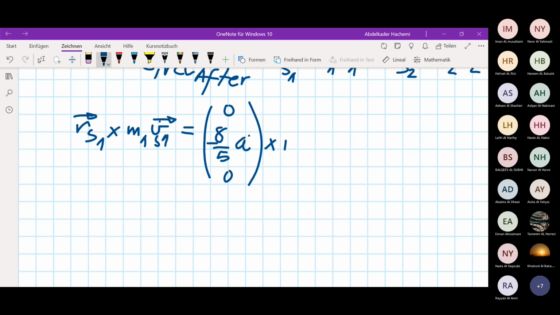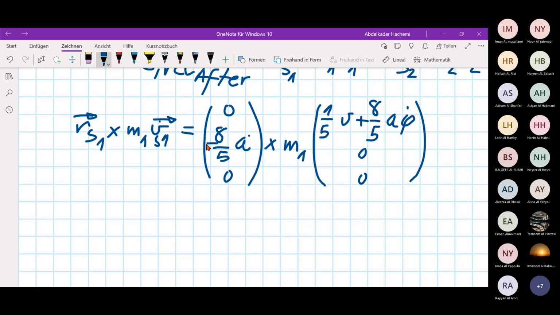Cross M1, and we have for VS1 or V1, it's 1 divided by 5 multiplied by V plus 8 divided by 5 A phi dot. And here we have 0 and 0.